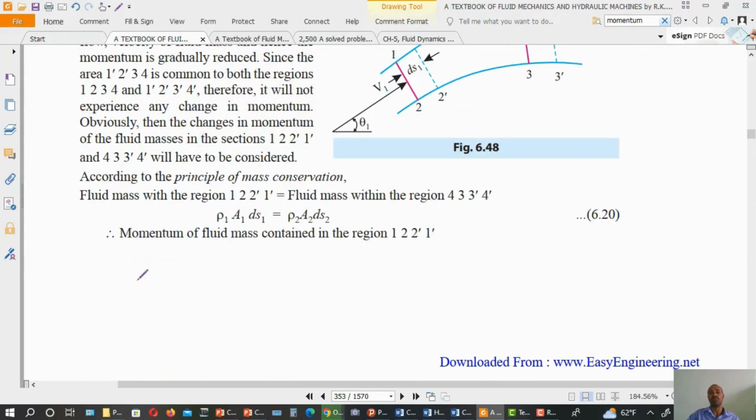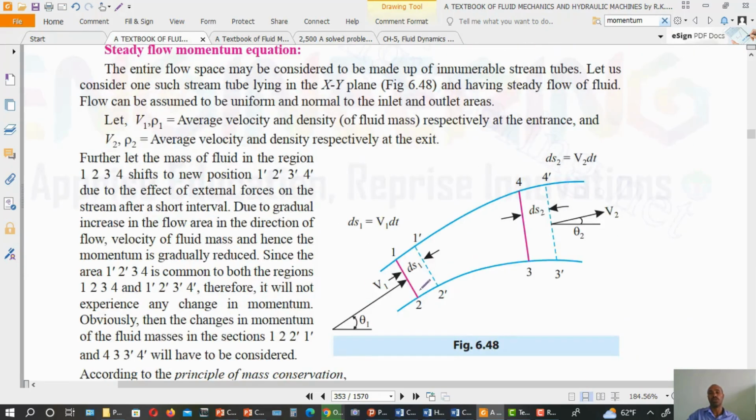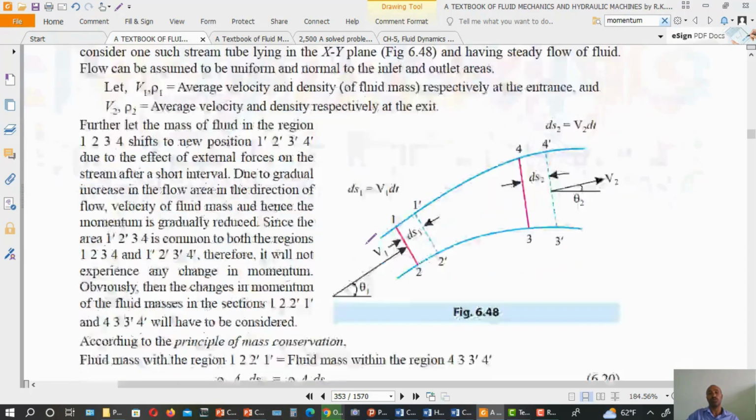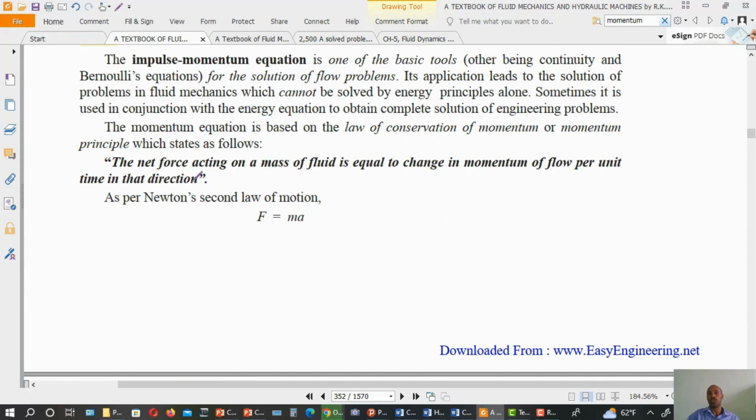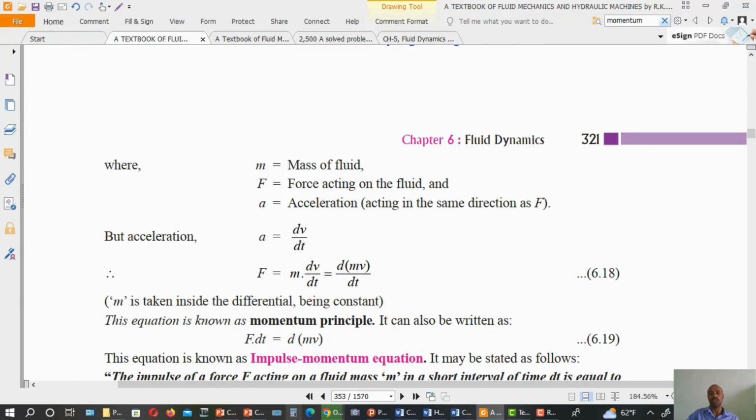So you can develop an equation by checking the entry and also the exit. The rate of change of momentum will change. The net force acting on a fluid mass is equal to the change in momentum of the flow per unit time in that direction. So if you have the x direction, then you can calculate.